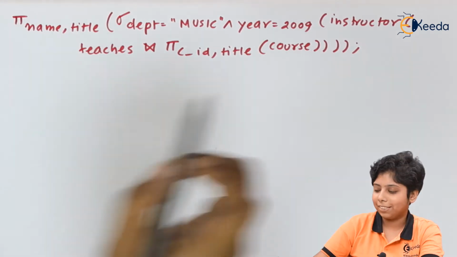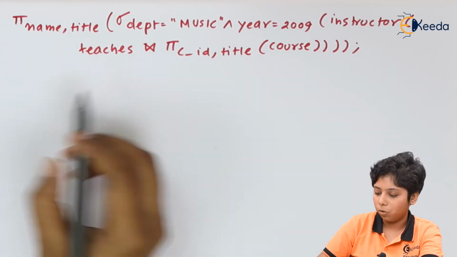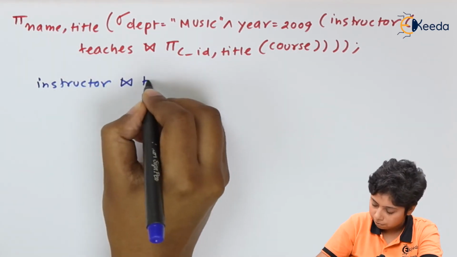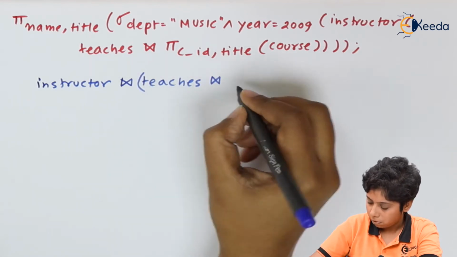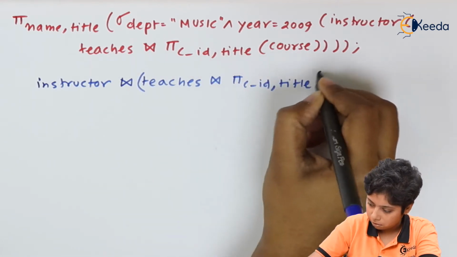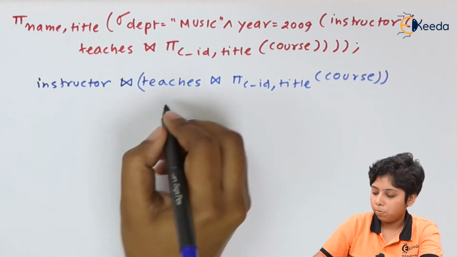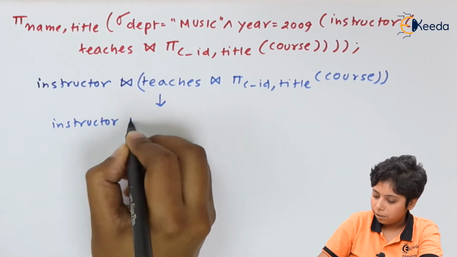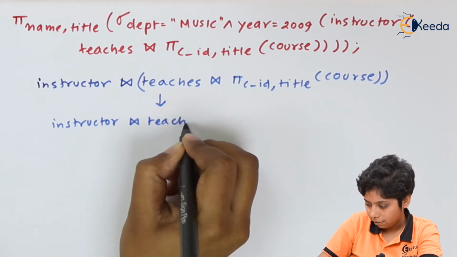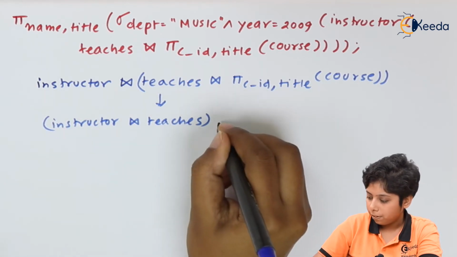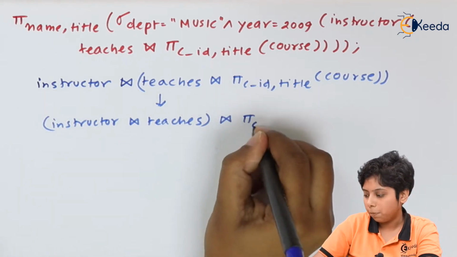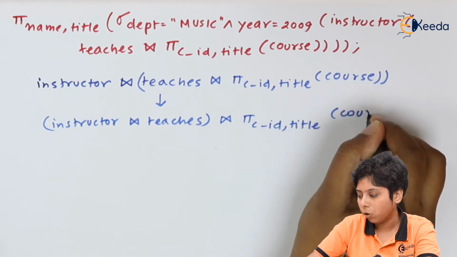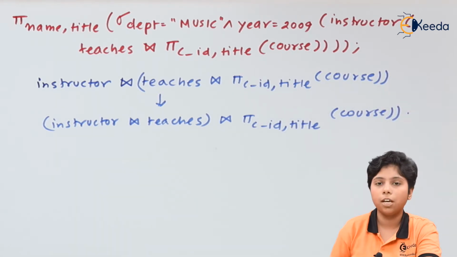So now we can break this instructor join teachers and course to be transformed into instructor join teachers, joined with the projection, so that we can have the projection finally before the joining is made to the teachers on this course.